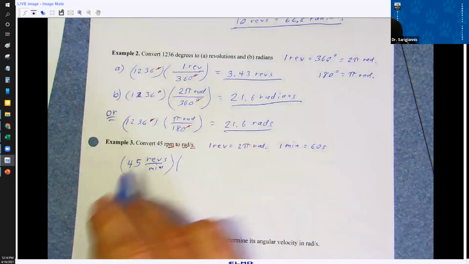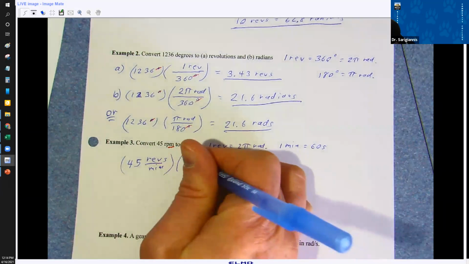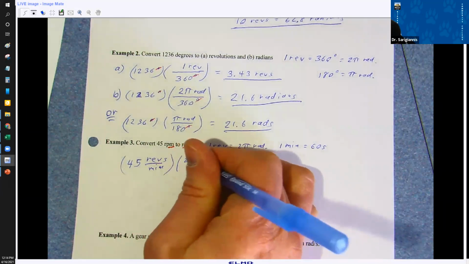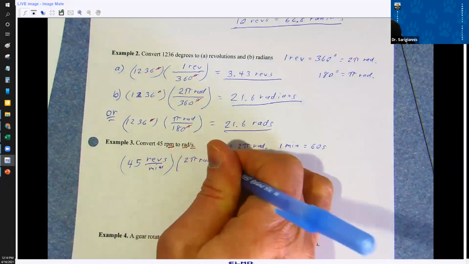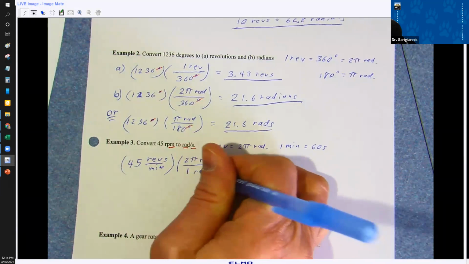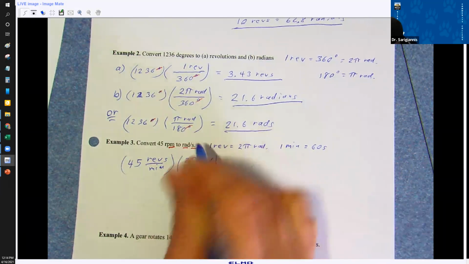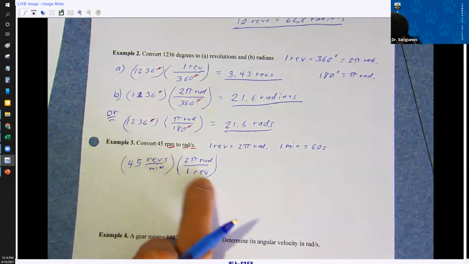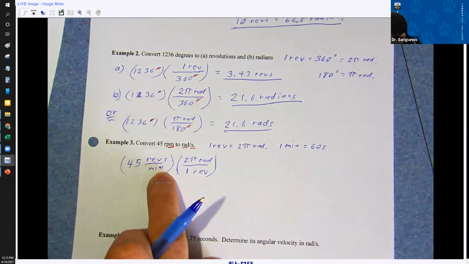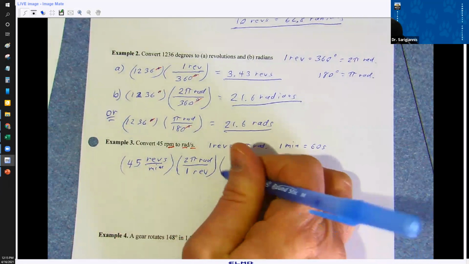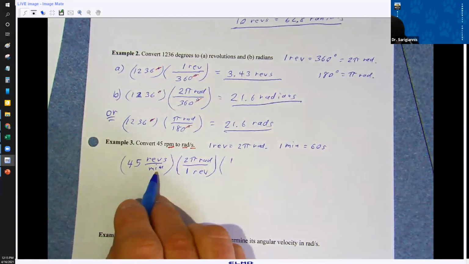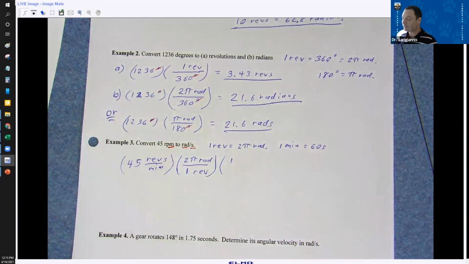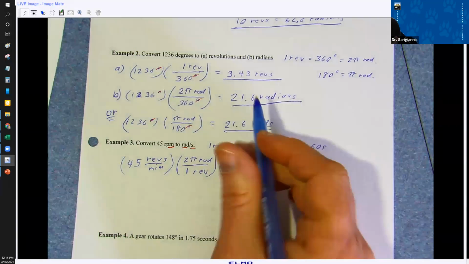I'm going to take 45 revs per minute and multiply by 2 pi radians per 1 revolution. This is taking care of the revs. And then I've got to get rid of the minute. Now the minute is on the bottom here, and I want seconds on the bottom.